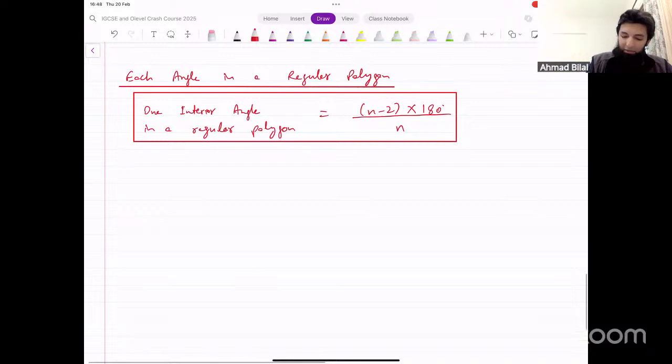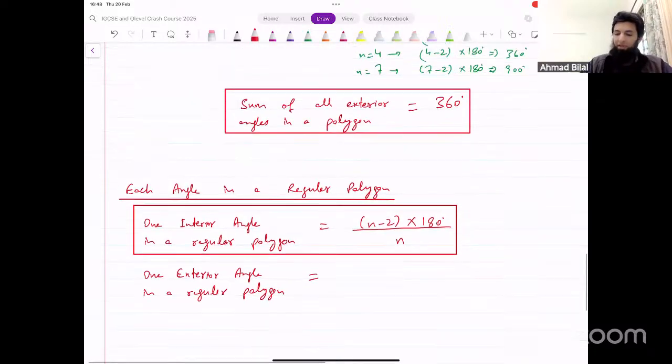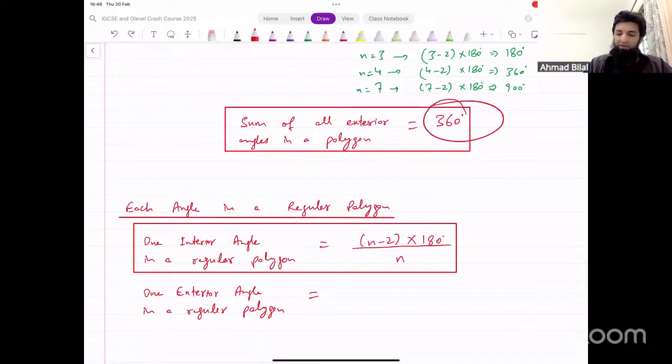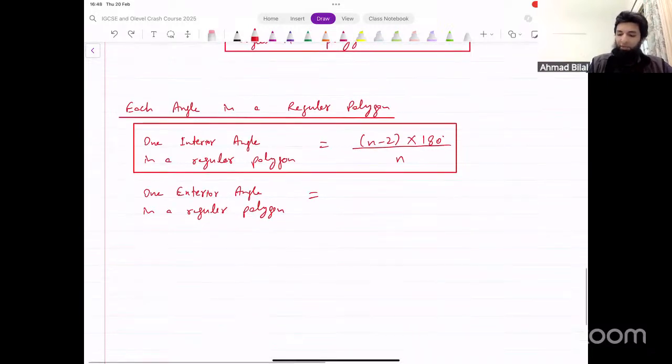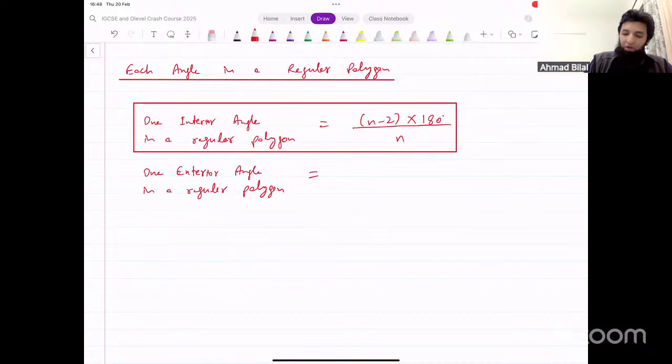And if we talk about one exterior angle in a regular polygon, again, we know that the sum of all exterior angles is 360. If the sum of all exterior angles is 360, what about one particular exterior angle?